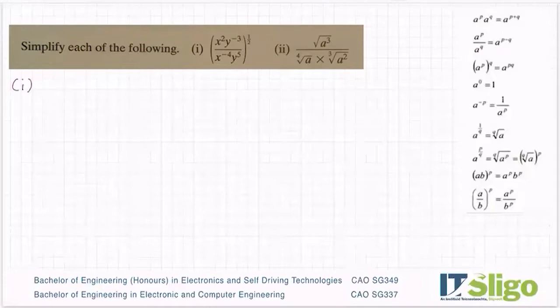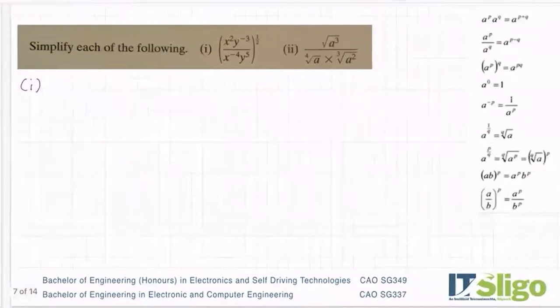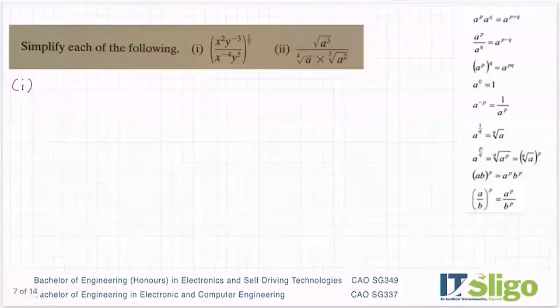So to do that, we have x squared y to the minus 3 over x to the minus 4 y to the 5. Okay, so I'm just going to do this one a little bit slowly and show you what I'm doing. So the first thing I'm going to do is x squared over x to the minus 4.